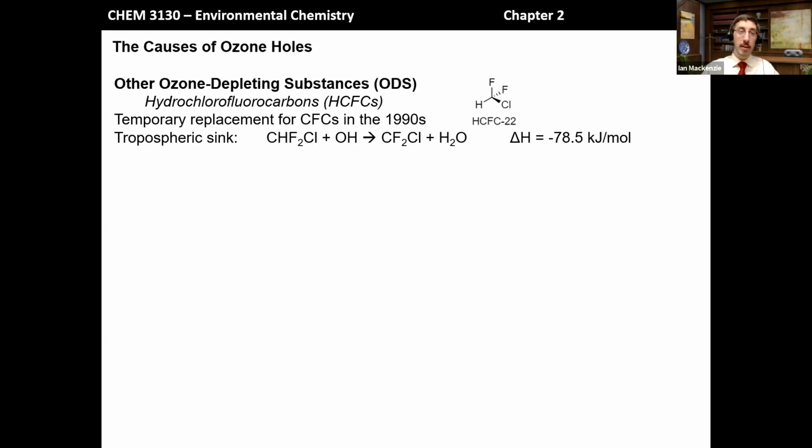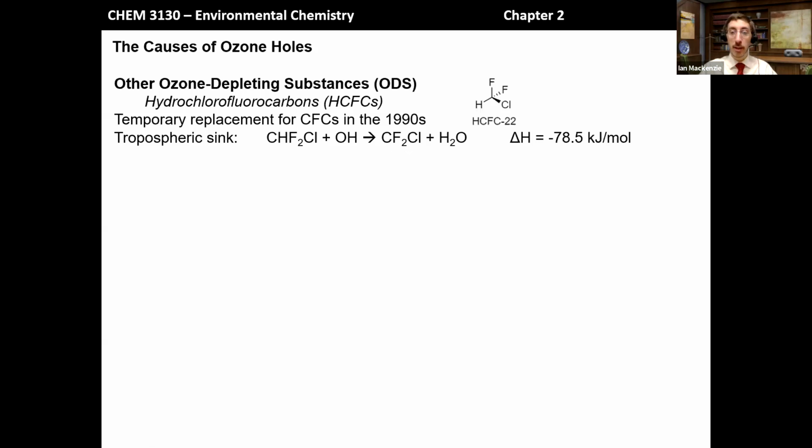So if we react this prototypical example here, chlorodifluoromethane with hydroxyl radical, the CH bond can be cleaved, so you can get a hydrogen atom abstraction by the hydroxyl radical to form water and leave you with a chlorodifluoromethyl radical here. And this reaction is downhill in energy.